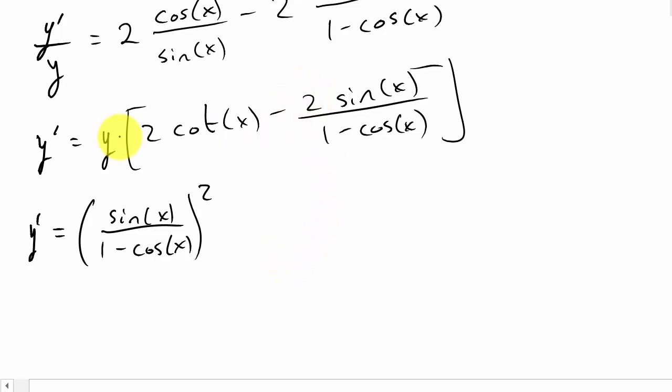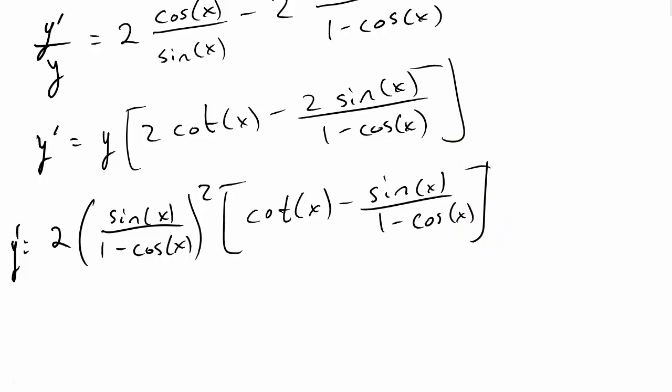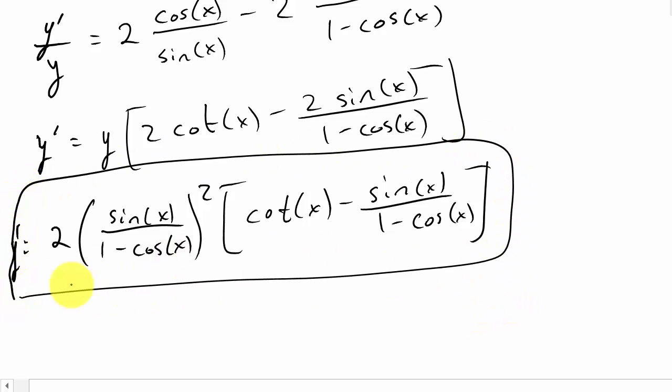And I think I'll factor a 2 out. So let's put y prime equals, and we'll put the 2 out there, and then that's just cotangent x minus sine x over 1 minus cosine x. So this is your answer here.